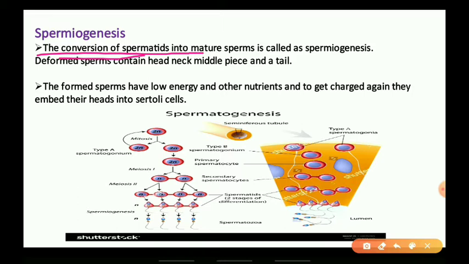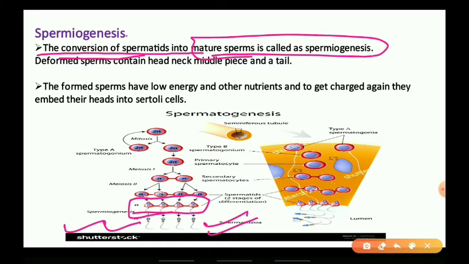You can see here that when these spermatids become sperms, this is called spermiogenesis. Are you understanding?